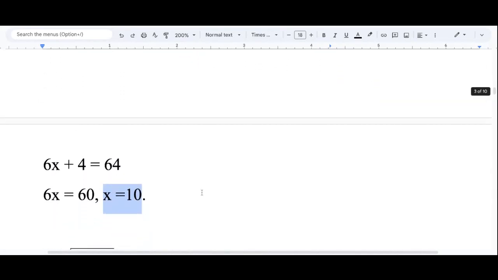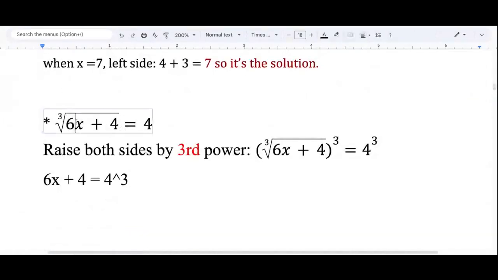So this one, 10 is the solution. If you want to check, 10 times 6 is 60. 60 plus 4 is 64. Cubic root of 64 is indeed 4. So when the index is odd, we don't need to check. When the index is even, we need to plug the solution back in to check.